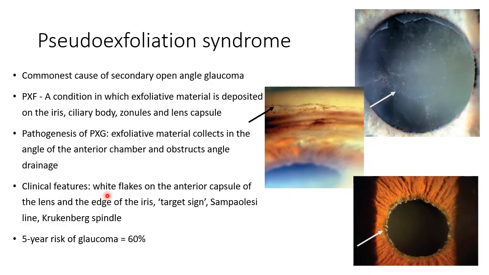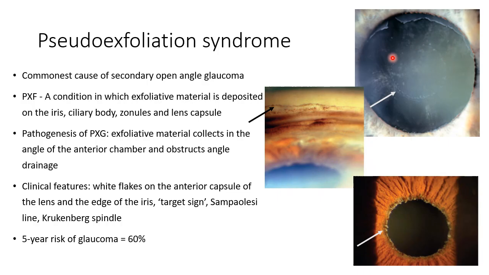Clinical features consist of white flakes on the anterior capsule of the lens and the edge of the iris. So you see two rings here. This is one ring and this is the outer ring. This is because the mid-peripheral iris keeps rubbing here, and because of the iris chafing on the anterior lens, this part clears off.